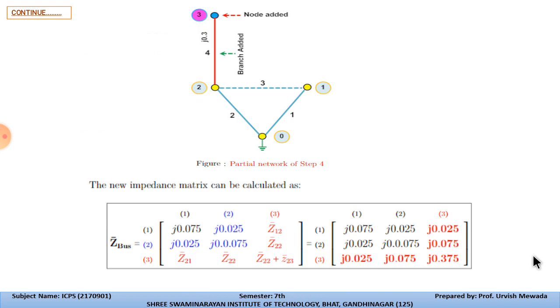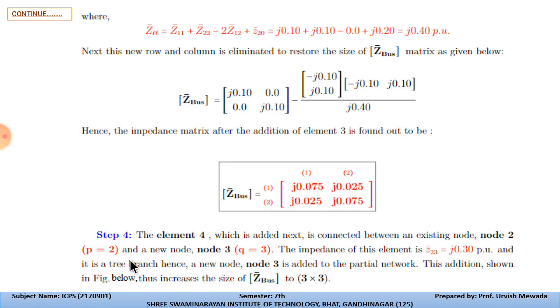So for the third node, the reactance, or the line impedance is J 0.3. So we have the connection between 2 to 3, okay, but there is no connection between 3 and 1, okay. So Z11 will have the value that this is our old matrix that we derived in the previous case, this one, okay.